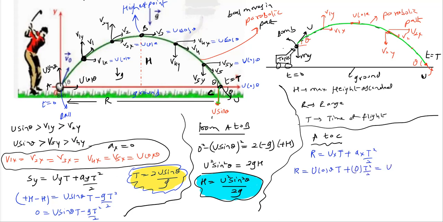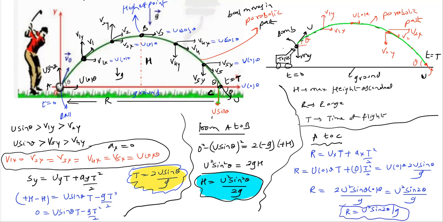So this will be u cos theta times 2u sin theta by g. So the range is equal to 2u square sin theta cos theta by g, or u square sin 2 theta by g. So this is the expression for the range of the projectile. Okay, fine. One more.